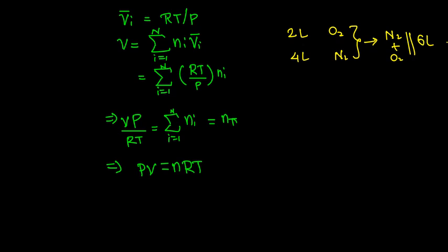So an ideal gas mixture has delta V of mixing as 0, so that there is no change in the volume of the total gas after you mix the individual components. That is what happens to the volume.